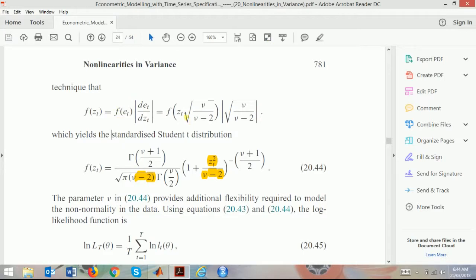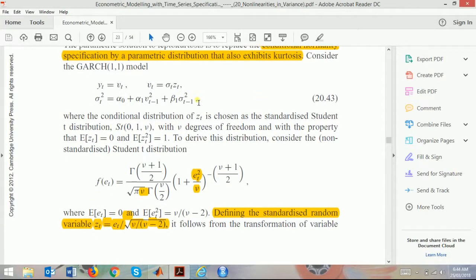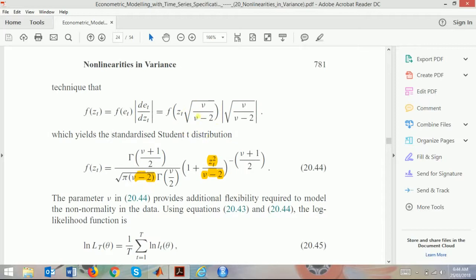And if it is simply z, mu equals sigma z, where we replace that with z root over tau divided by tau minus 2.